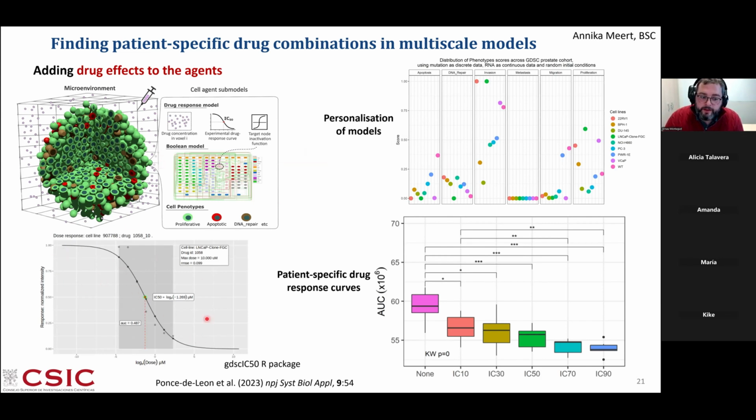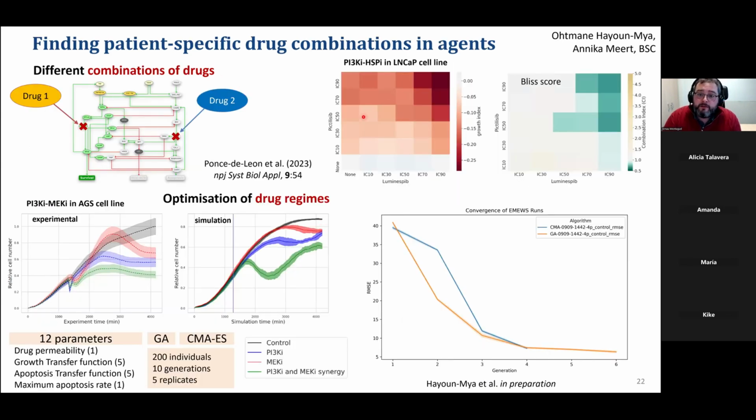We're using IC50 curves in order to connect whatever is happening outside to whatever is happening inside of these cells. And then we can get patient-specific drug response curves, depending on which drug you add and which patient or cell line you're affecting. We can also do this in combinations, so we also have combinations of drugs using the agents, using the multi-scale tools.